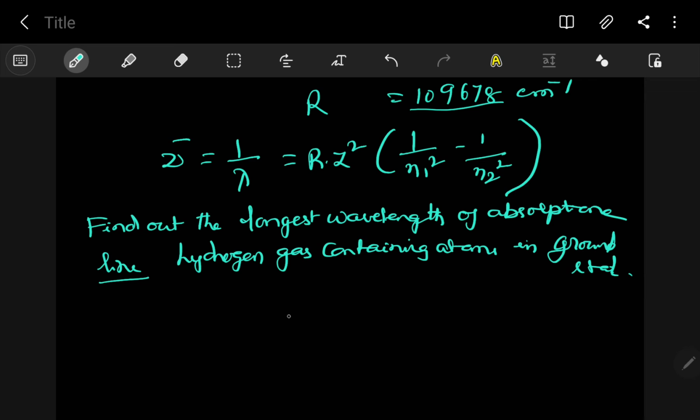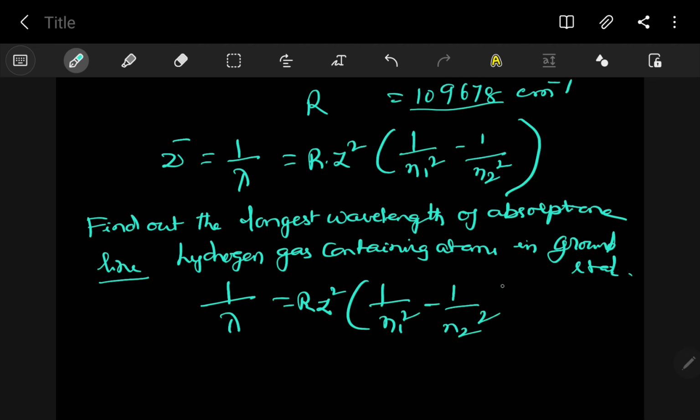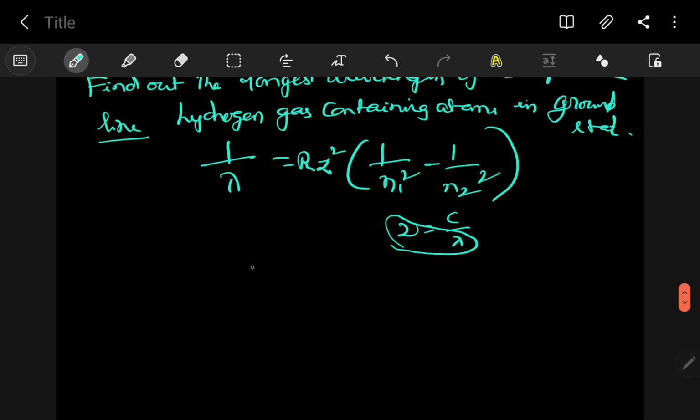Now 1 by lambda is equal to R into z square into 1 by n1 square minus 1 by n2 square. And what does longest wavelength mean? We know nu is equal to c by lambda. Longest wavelength means if lambda is more, nu is less.